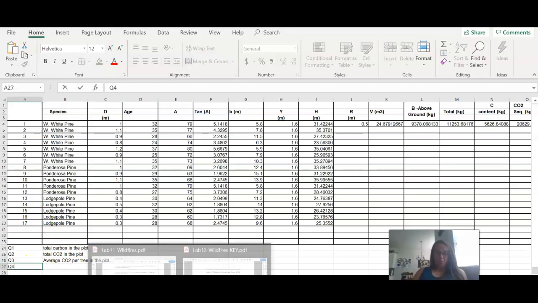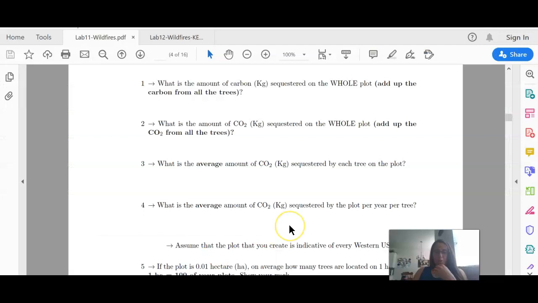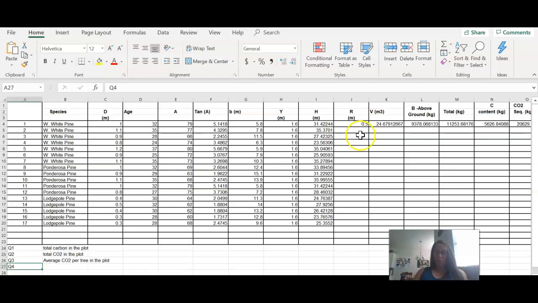Question 4. Okay, question 4 says, what is the average amount of CO2 sequestered by the plot per year per tree? The way you do that is, first, average CO2 per tree per year in the plot.